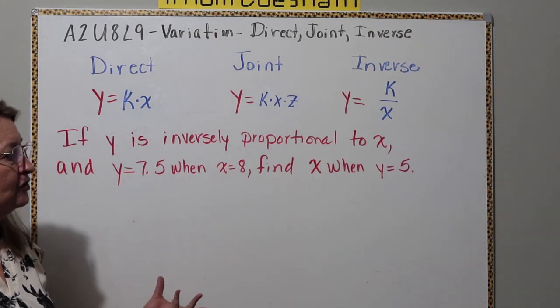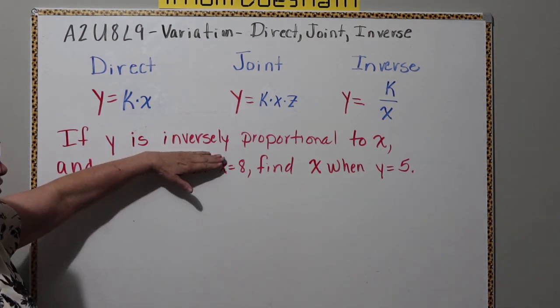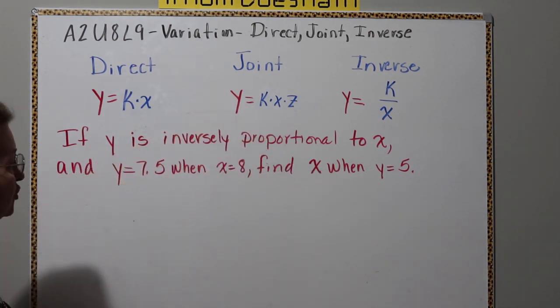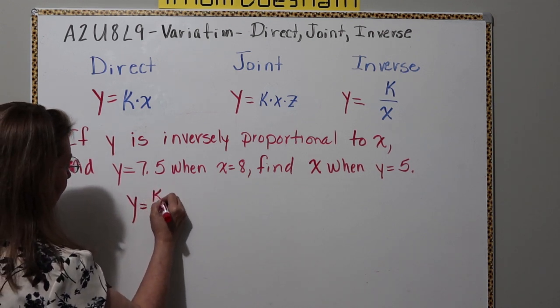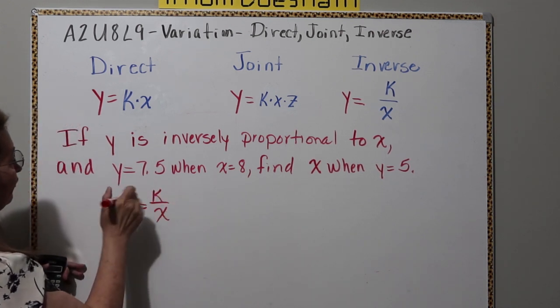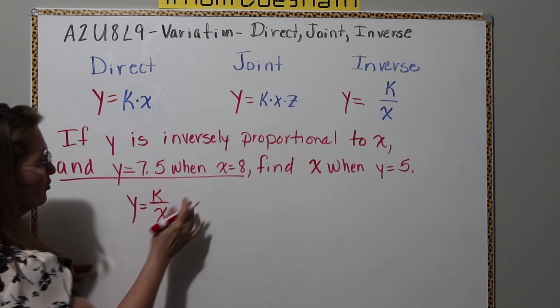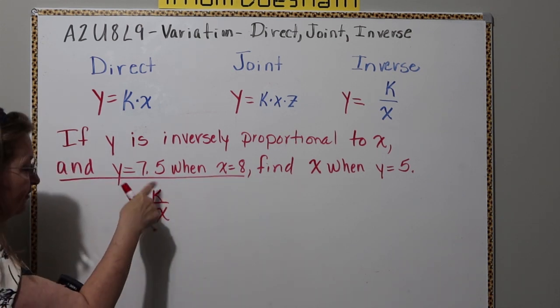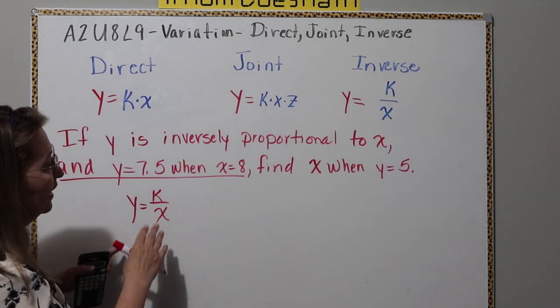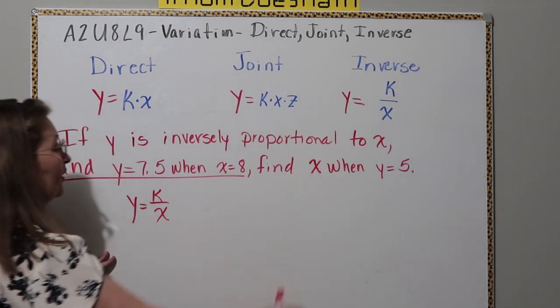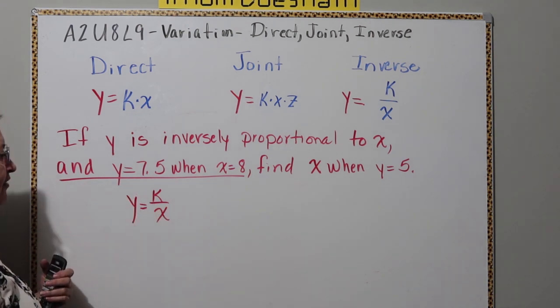Now, just like with the other two, we're going to take the model for the inverse variation, which is y equals k over x, and we're going to fill in the original information, which will still leave k blank, but that's going to let us find k. And then we can use k with our new information to back up and find x.